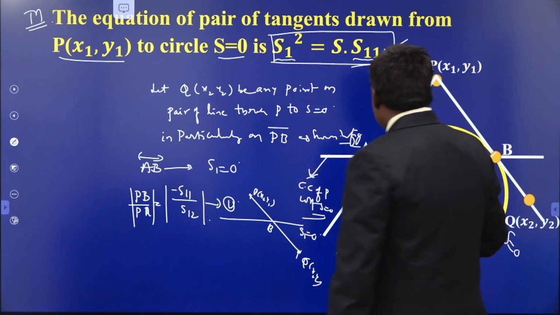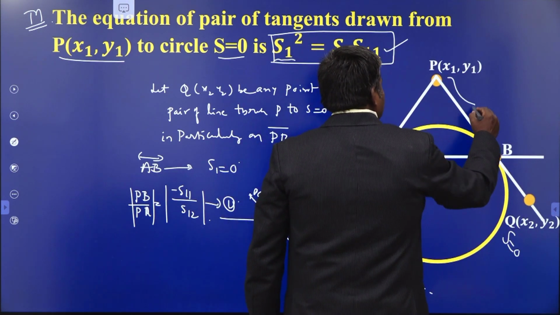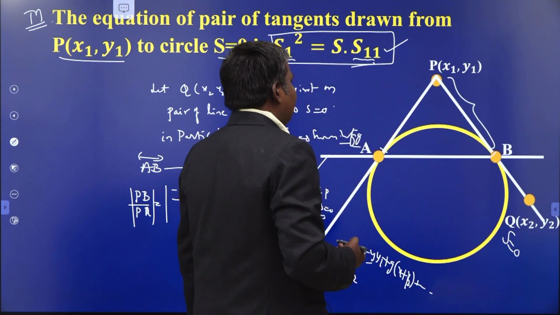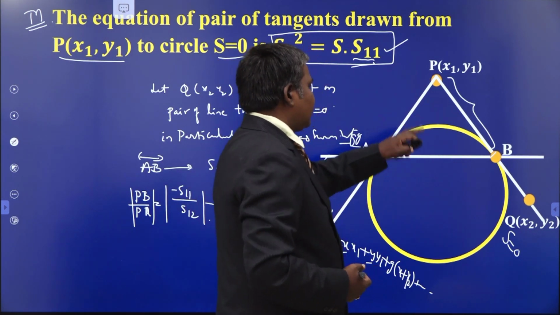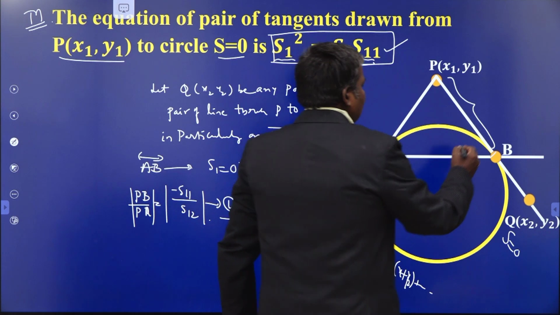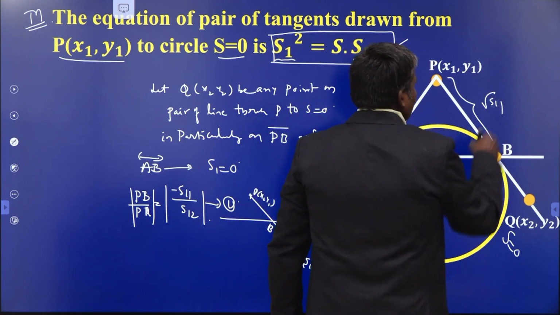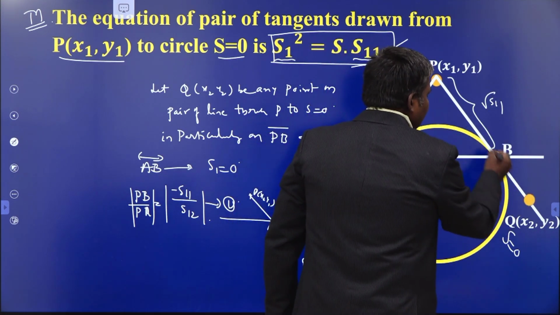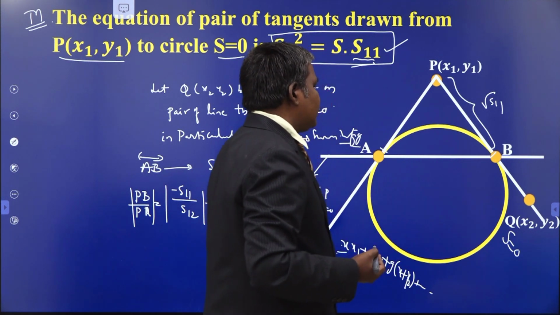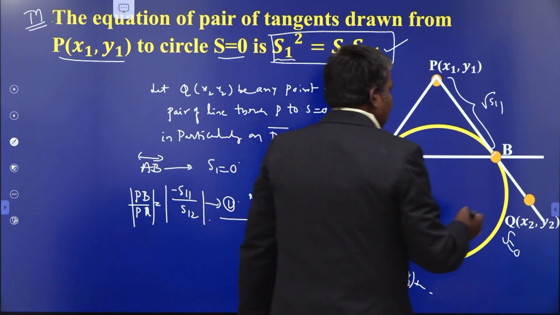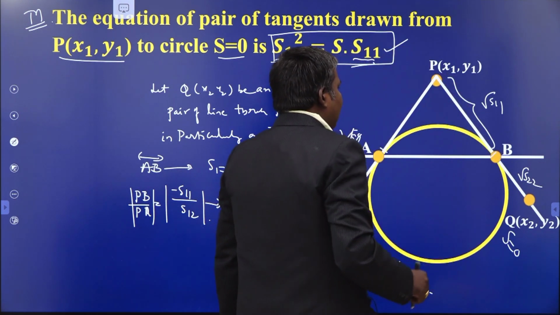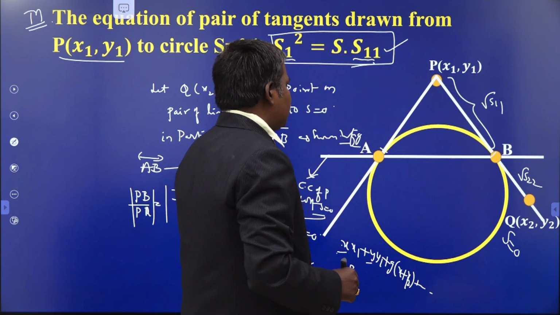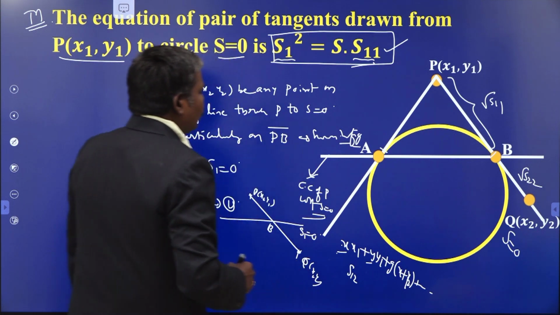Next thing, dears, what is the distance from here to here? PB. PB is nothing but the length of the tangent from P to the circle. What is that? Root S11. Now what is QB? The length of the tangent from Q to the same circle is nothing but root S22. So what is the ratio again? PB by BQ is equal to root S11 by root S22.